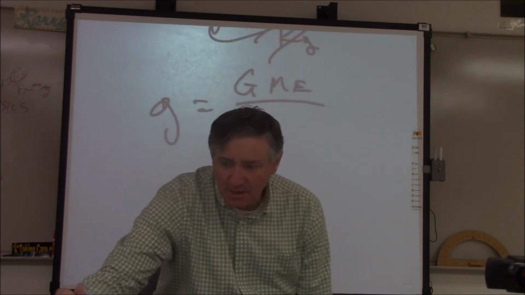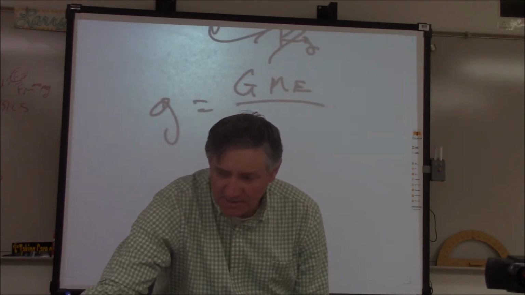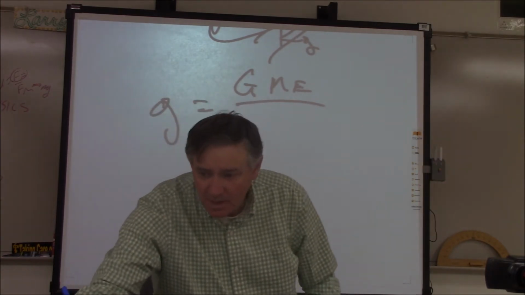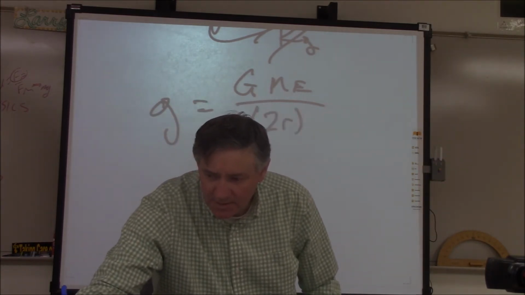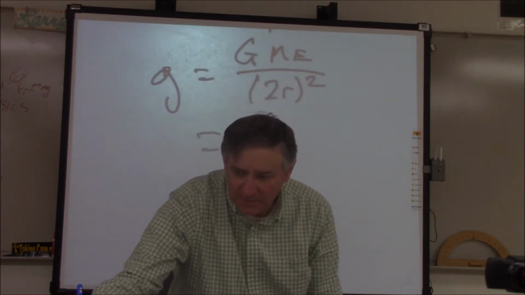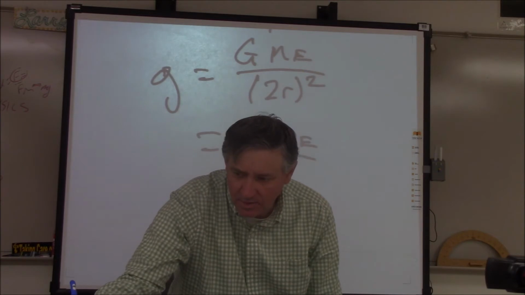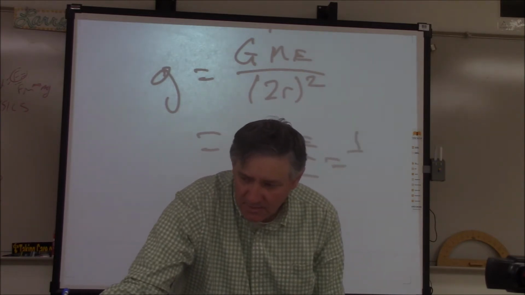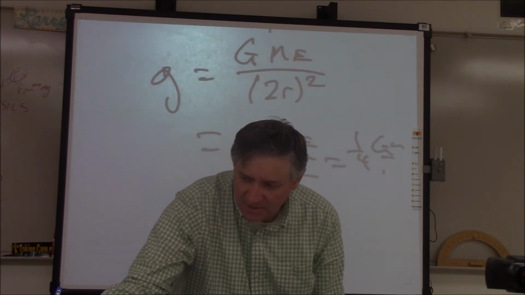So I'm going to take big G times the mass of the Earth. That's going to stay the same. We're going to keep the mass of the Earth the same. But then we're going to double the radius, but that's going to get squared. So then I'm going to have big G, mass of the Earth, over 4r squared. That becomes 1/4 of GM over r squared.